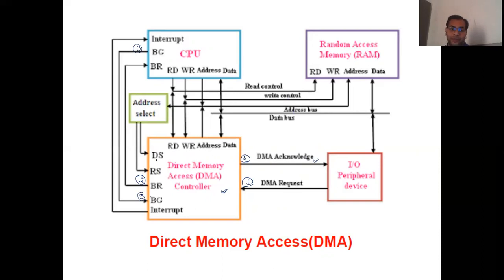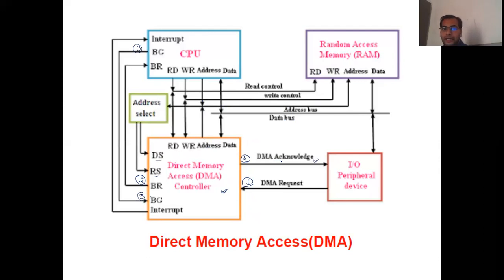Then there will be your data register and address register to select the address, and then you can have the control through these read, write, address and data buses. All these things will be handed over to the direct memory access and it will be connected to the main memory. This whole connection will start working as soon as you get the DMA acknowledge.